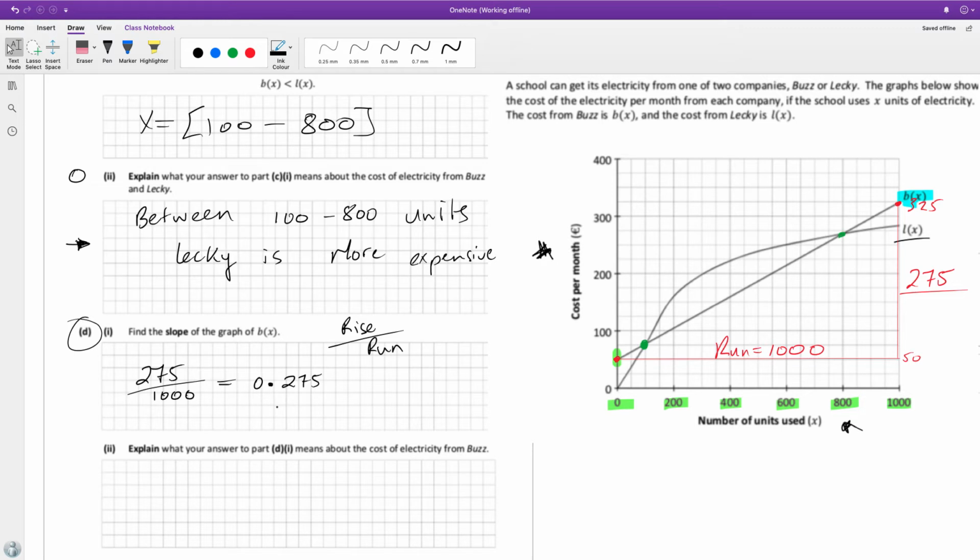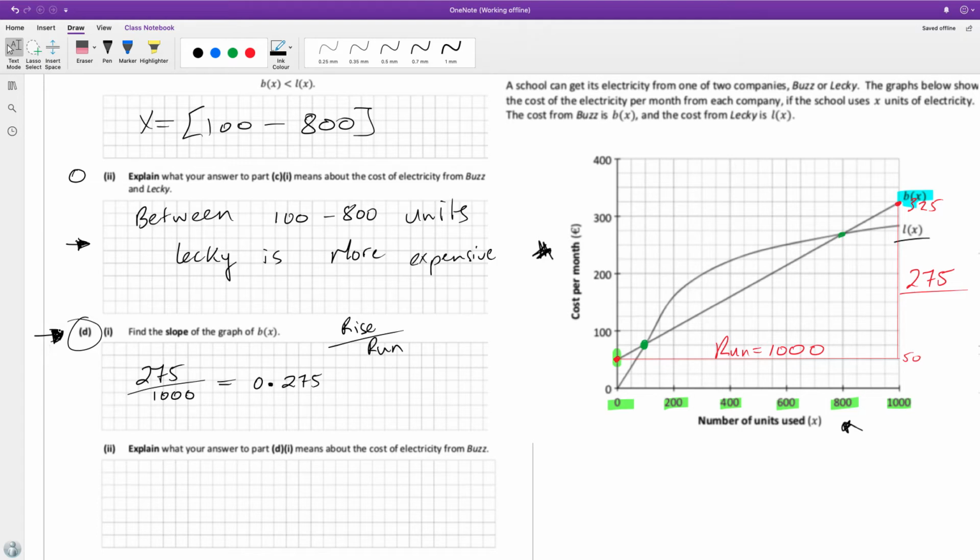Now, the next bit of the question. We have to explain what this means. Anyone know what this means? Linear, no. Yeah, it does mean it's linear because we can get the slope.